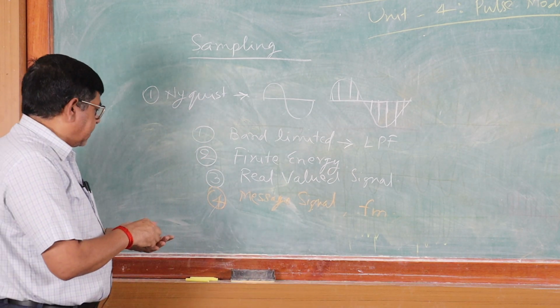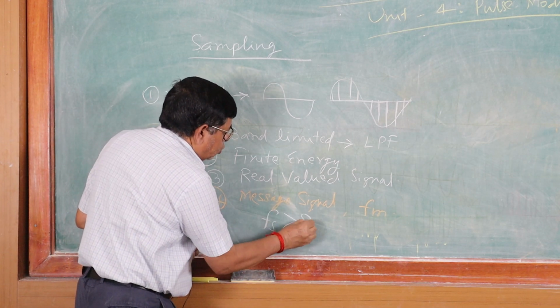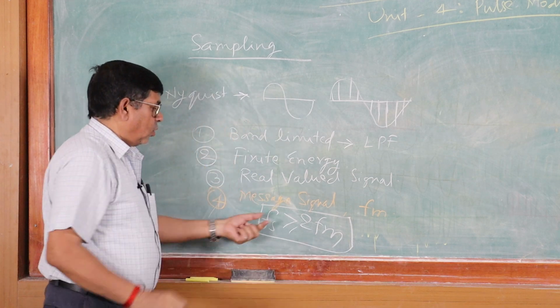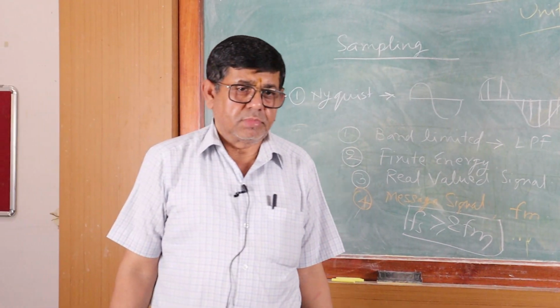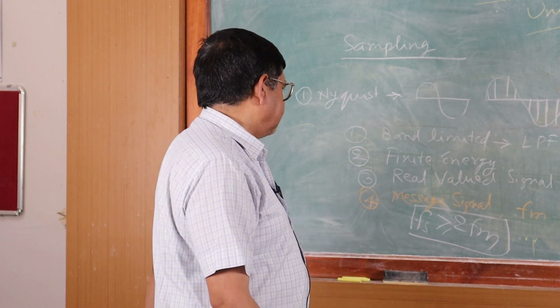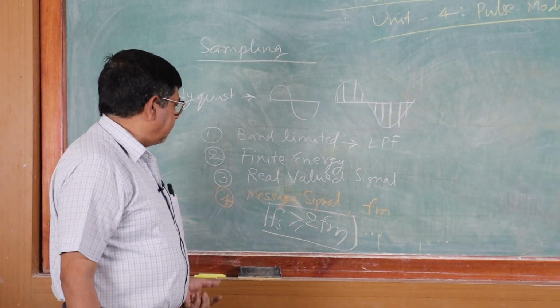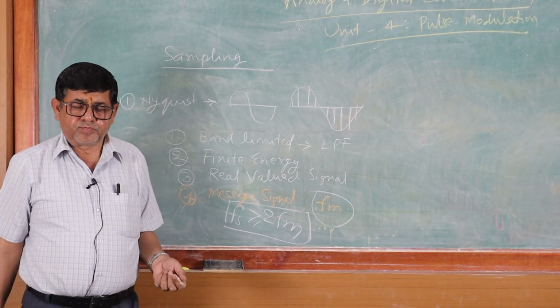If the sampling rate Fs is greater than 2 into Fm, then we can recover the original signal from the sampled values, from the discrete signal. I will discuss 3 different conditions later on, but let me first emphasize what is maximum signal frequency.